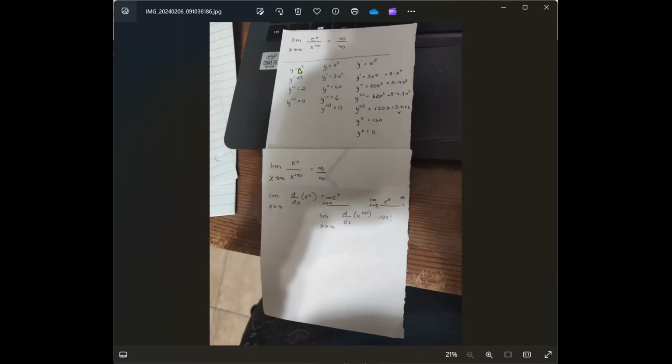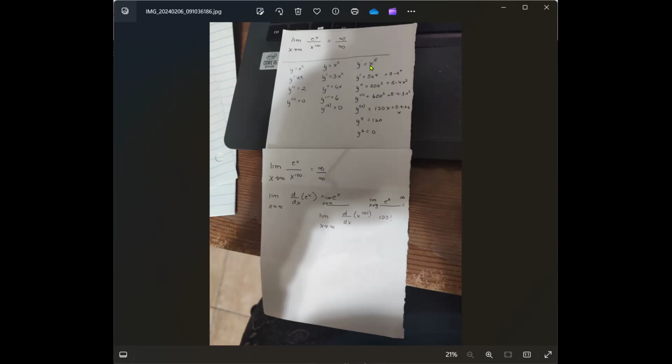So when I had y equals x squared, I had two derivatives, 2x and 2, that weren't 0. When I went x to the third, I had three derivatives, 3x squared, 6x, and 6 that were not 0. Now, where am I going with this? There's a pattern not only in the number of derivatives, but in the way those derivatives come about.